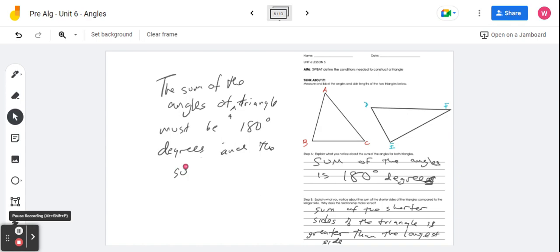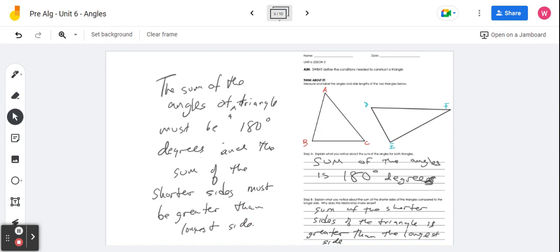And the sum of the shorter sides must be greater than the longest side.